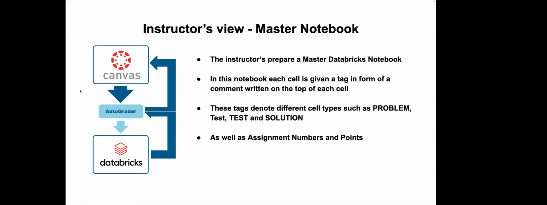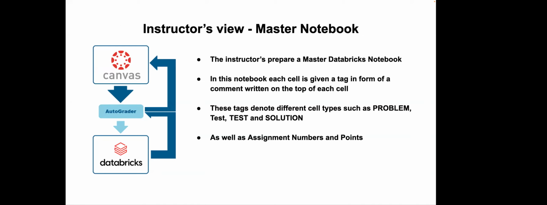So to go into some more detail on exactly what this master notebook is, it's a regular Databricks .dbc notebook, so you actually construct it on the Databricks platform. The only thing you need to do, besides what you would do from a regular notebook, is tag each cell with a specified comment on top.